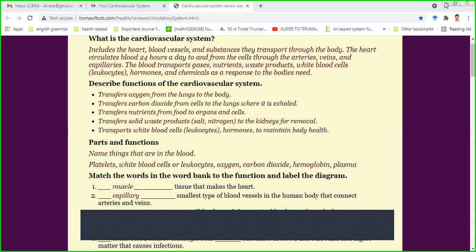Pulmonary circulation is nothing but the circulatory path for blood flow through the lungs. These are the lungs here, the left lung and the right lung.